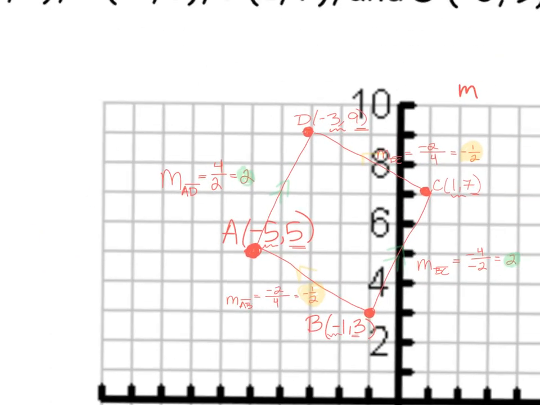Well, when I look at 2 and -1/2, I can see that those are opposite reciprocals. So we say that the consecutive sides have opposite reciprocal slopes, 2 and -1/2.